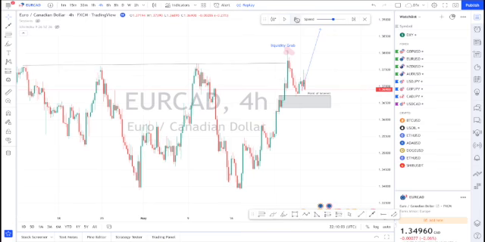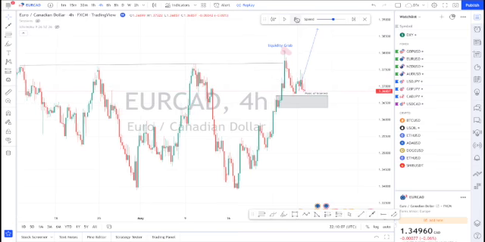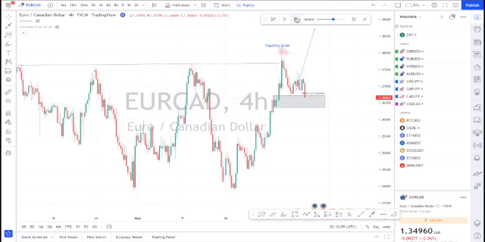Price is still doing this thing. So now I'm looking at this point. I'll wait for a candle to close beneath this candle before I start going for sells. You understand? If price hasn't broken this zone, I'm not selling.